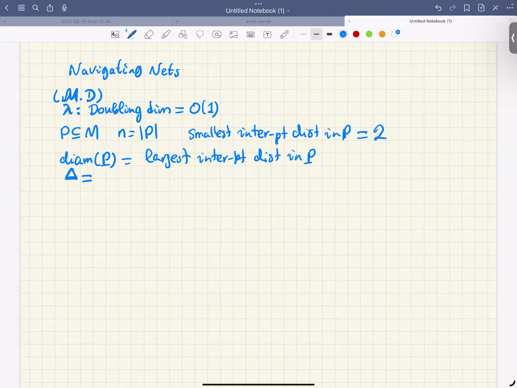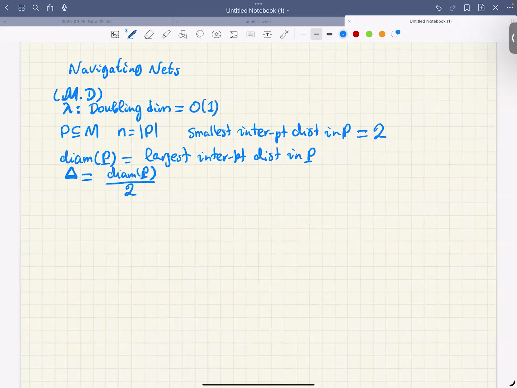This aspect ratio is defined as the ratio between the maximum interpoint distance and the smallest interpoint distance. So in our case, it's defined as the diameter divided by 2. So this is the setup.